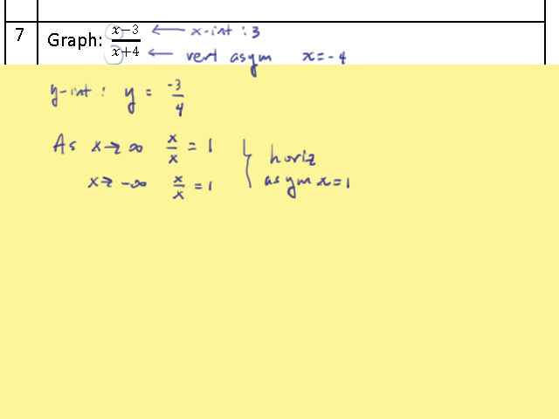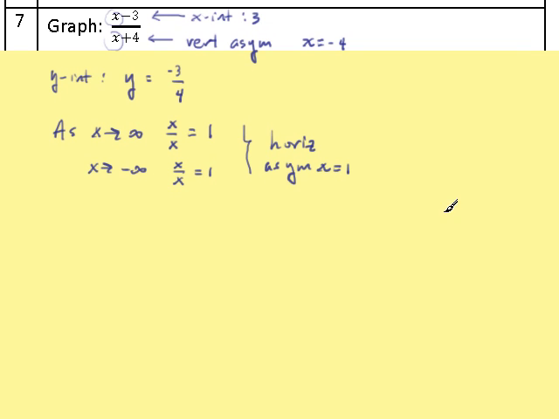Okay, let's put in this information. Let's start putting in this information on the graph. X-intercept 3, a solid circle, vertical asymptote -4, a dotted line at -4.